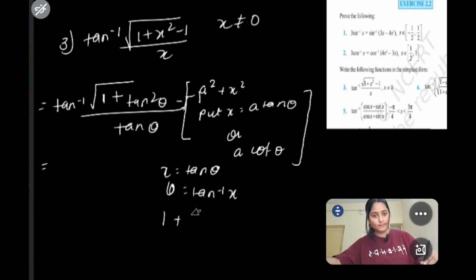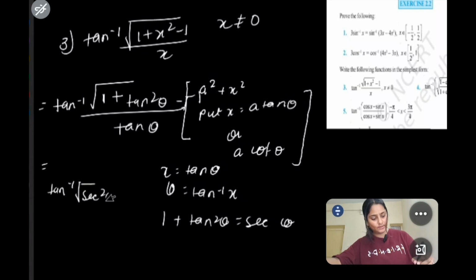We also know that 1 plus tan square theta equals sec square theta. So we'll put here tan inverse of sec square theta minus 1 upon tan theta.